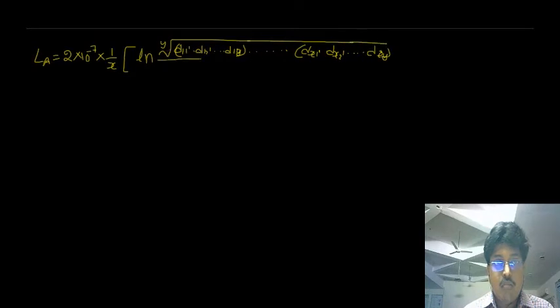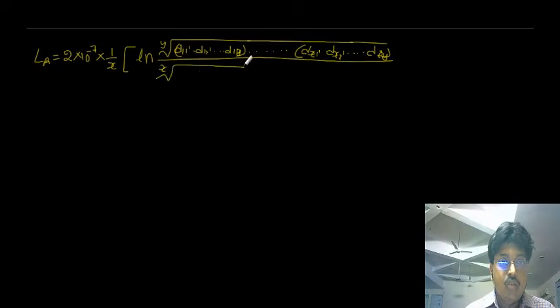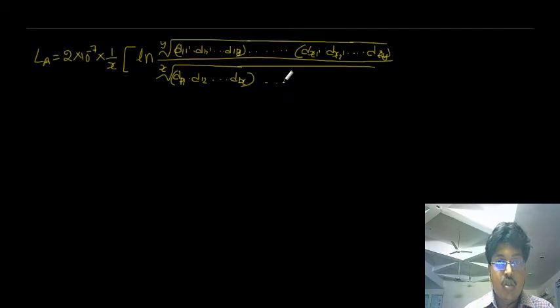This is the numerator term, and the denominator term is x root of d11 into d12 into so on d1x, so on dx1 into dx2 into so on dxx.